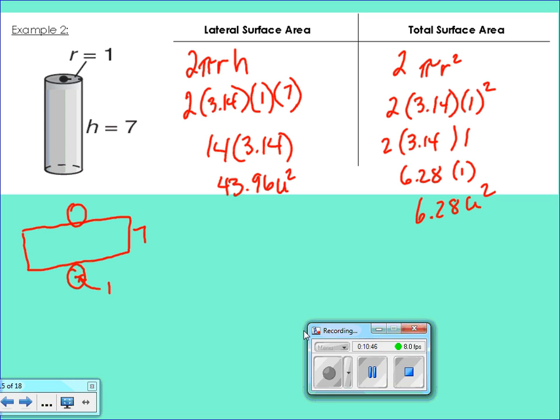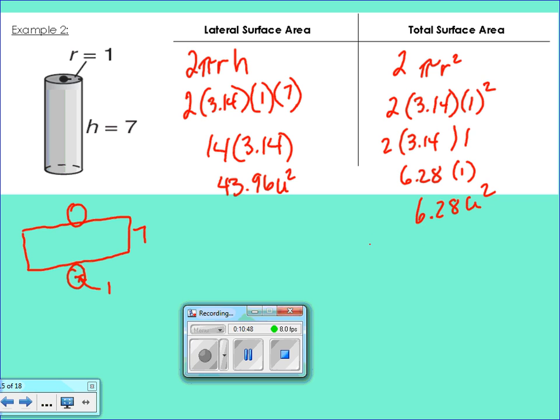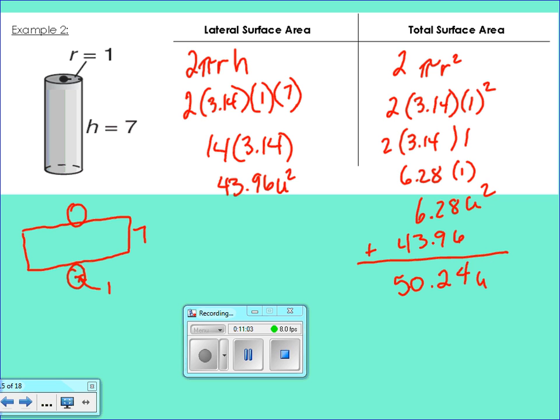So now what do we do? Add plus 43.96, which is 50.24 units squared. Okay. Any questions?